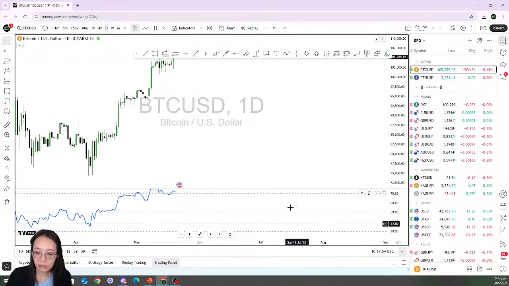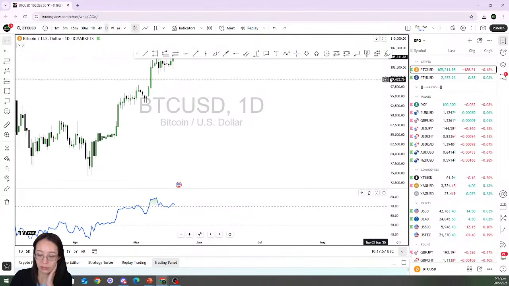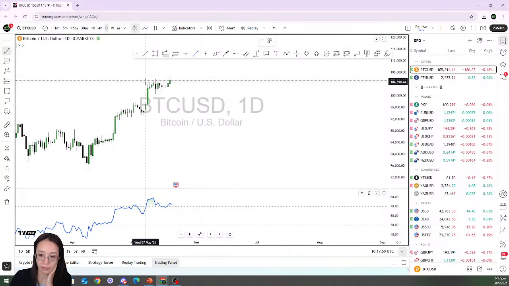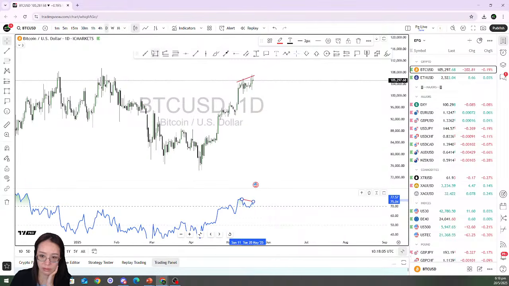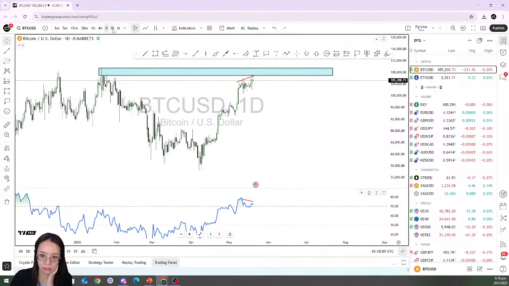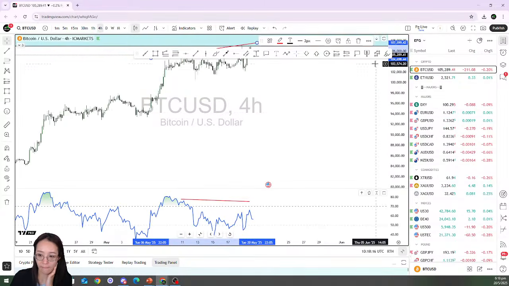Okay, BTC, you need to sell based on the D1 candle. I already see the divergence here. You need to sell BTC, okay? We're gonna sell BTC, and this is that zone. Sell BTC. Okay guys, let's see where to sell.